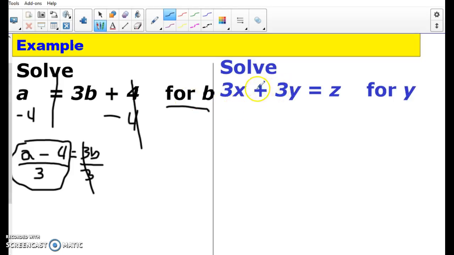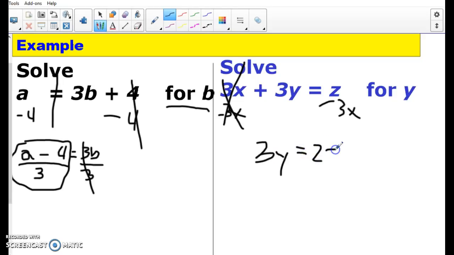Okay, this last one says 3x plus 3y equals z. So it's a plus 3x, so I'm going to subtract 3x. I subtract 3x from the left side, and I need to subtract it from the right side of the equal sign. So I'm left with 3y equals z minus 3x.